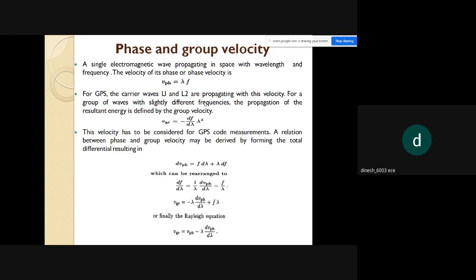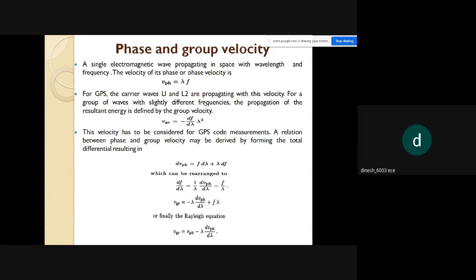Thus we can find the group velocity also, which is minus df by d lambda into lambda square. Here f is the frequency and lambda is the wavelength of that particular GPS system. So the propagation of the resultant energy, which is defined by the group velocity, is given as VGR = -(df/d lambda) × lambda square.